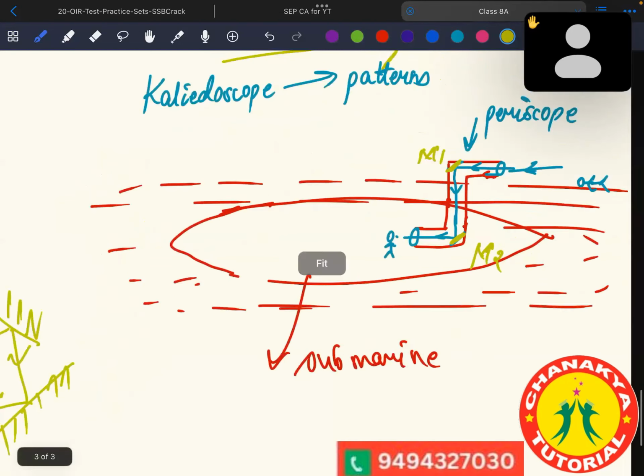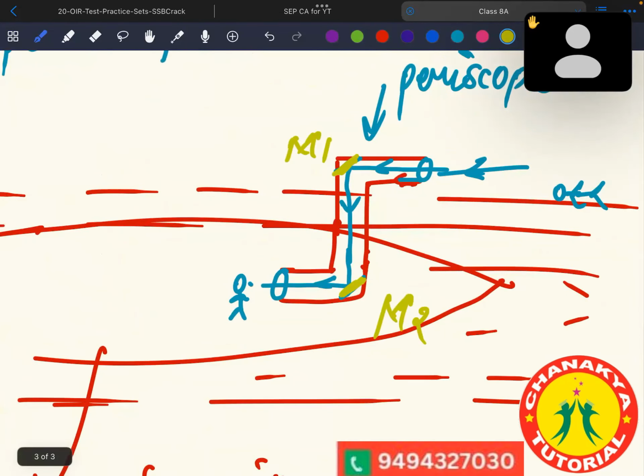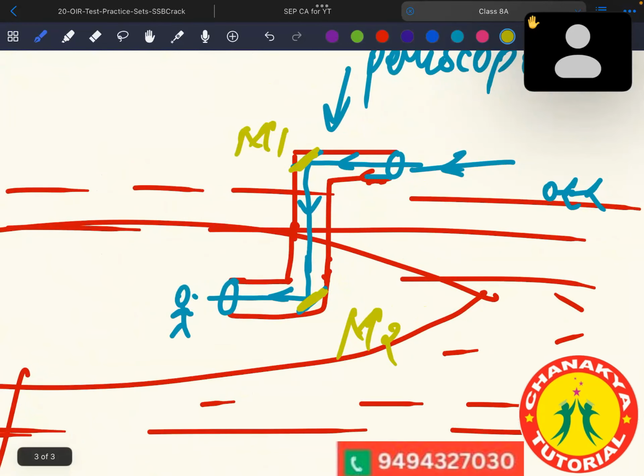So in the periscope also, multiple reflection works, and which principle are they following? They are following regular reflection. Can you see that they are doing regular reflection? Angle i equals angle r. So why didn't I tell you multiple reflection as a type of reflection?